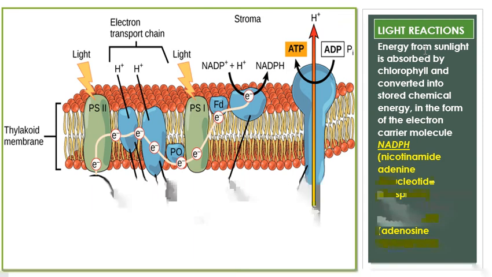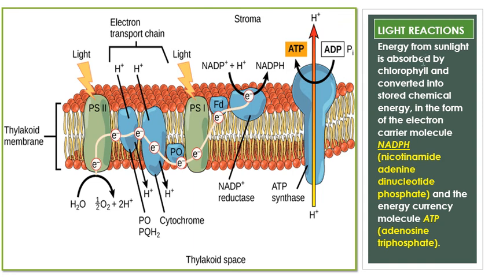Energy from sunlight is absorbed by chlorophyll. Again, what is chlorophyll? Green pigments. It is converted into stored chemical energy in the form of the electron carrier molecule NADPH, or nicotinamide adenine dinucleotide phosphate, and the energy currency molecule ATP, or adenosine triphosphate.